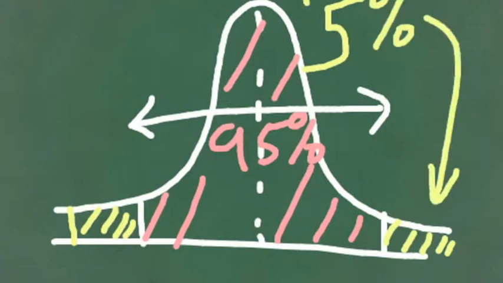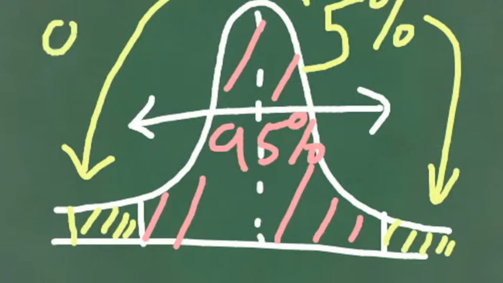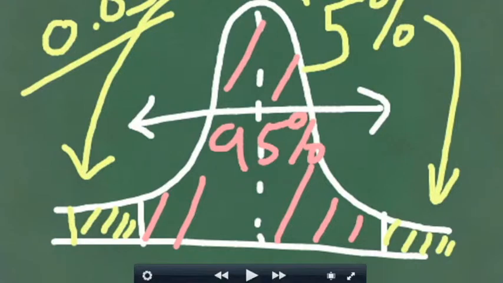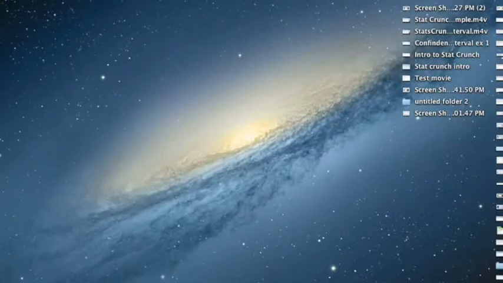Now, if we wanted to translate that 5% into a fraction or a decimal, it's going to be equal to 0.05. So that's your level of significance that you've always used, which corresponds to the 95%. Okay, so that's why we use 0.05.